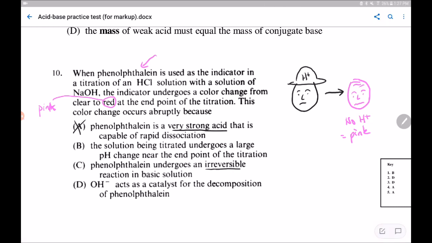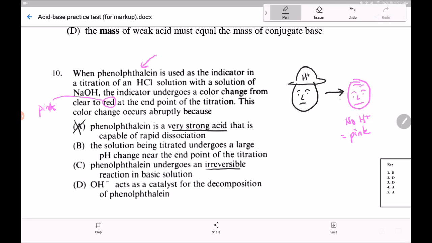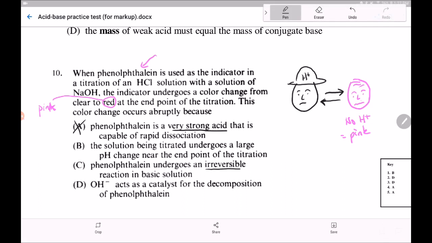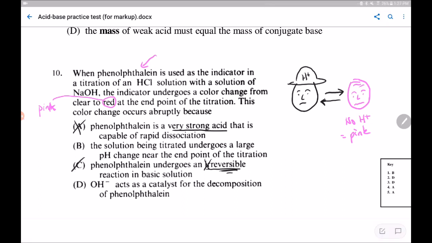How about the irreversible? You should know that phenolphthalein easily switches back and forth between the two states. Therefore, irreversible. No, it's reversible. Absolutely reversible. C is out.